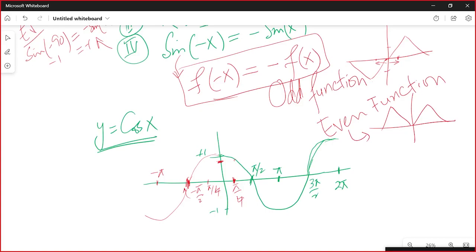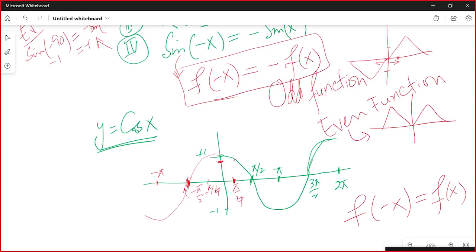What about minus pi over 4? The value is the same or different? The same. So it means f of minus x is equal to f of x.